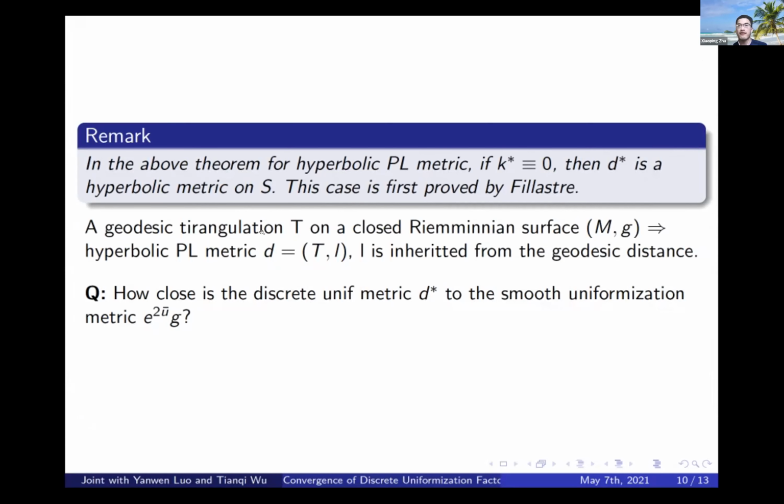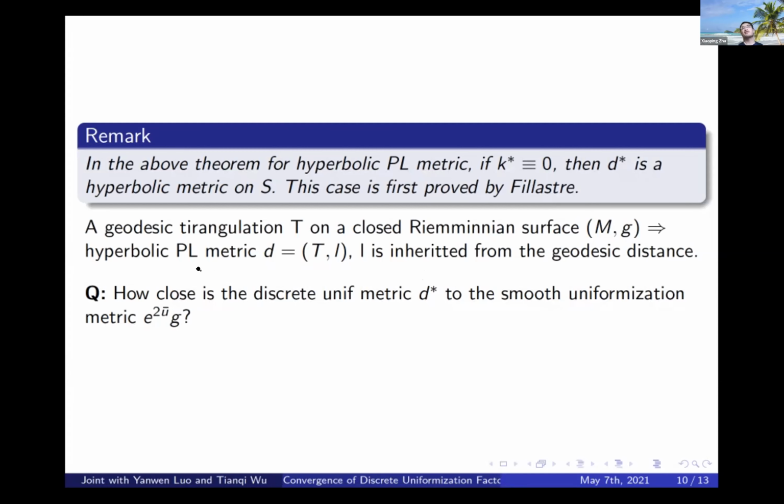And we can imagine if we have a geodesic triangulation on a closed Riemannian surface, we can construct a PL metric. Here I only talk about hyperbolic PL metric, and the length function is just inherited from the geodesic distance. Under this construction, we can construct a hyperbolic PL metric, or a flat PL metric.